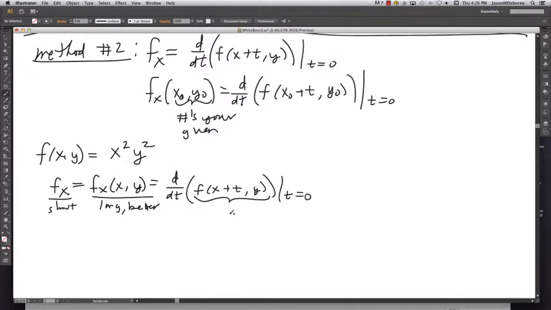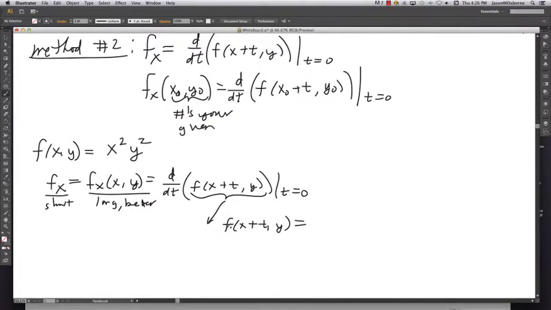This splits into two pieces. You first need to find your function evaluated at x plus t, comma y, which means that wherever you see the x in the f equation, you need to substitute x plus t, and then square it. And then multiply by wherever you see the y, put in a y, and that's just y squared.